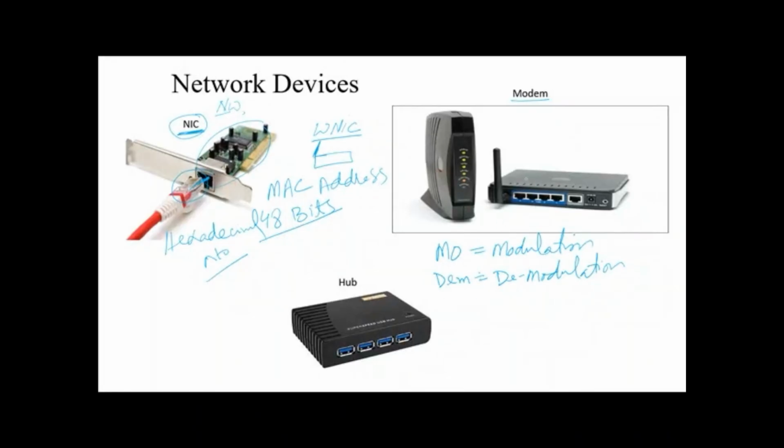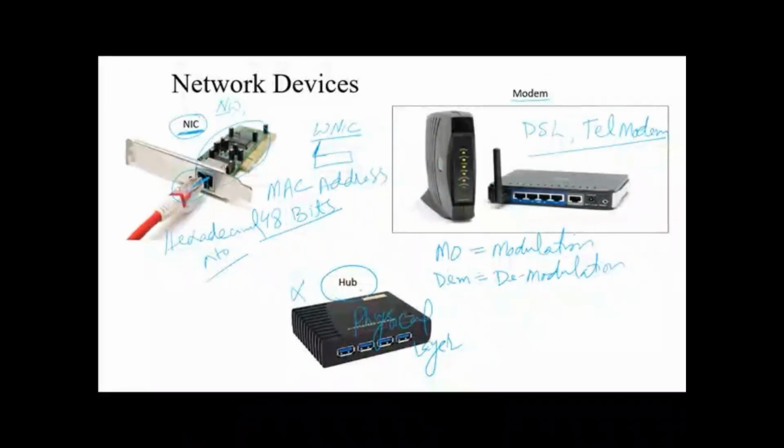So normally we use different types of modem, like the DSL modem. In the past we used telephone modems for connectivity to the internet, but this is also a network device that can be seen and used in networks. Then we have a hub, no longer used, but if you remember, we talked a little bit about it at the physical layer of the OSI model.